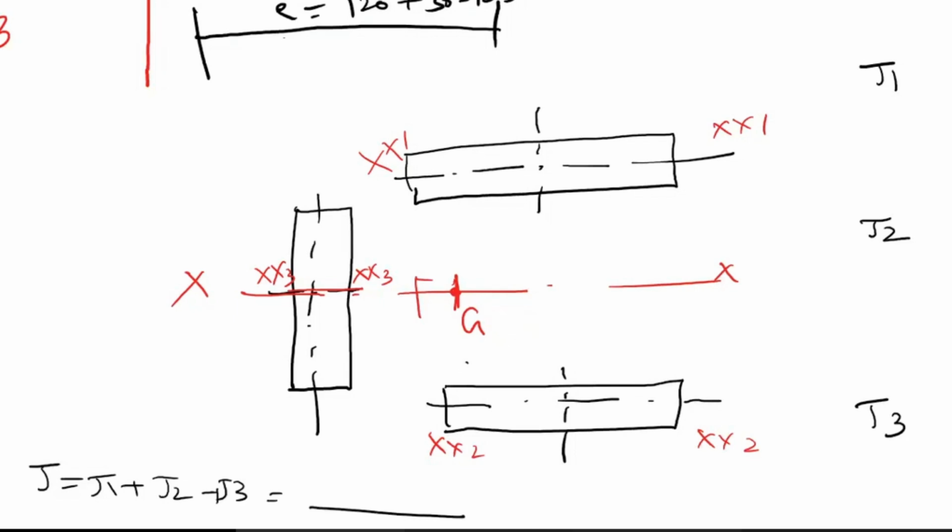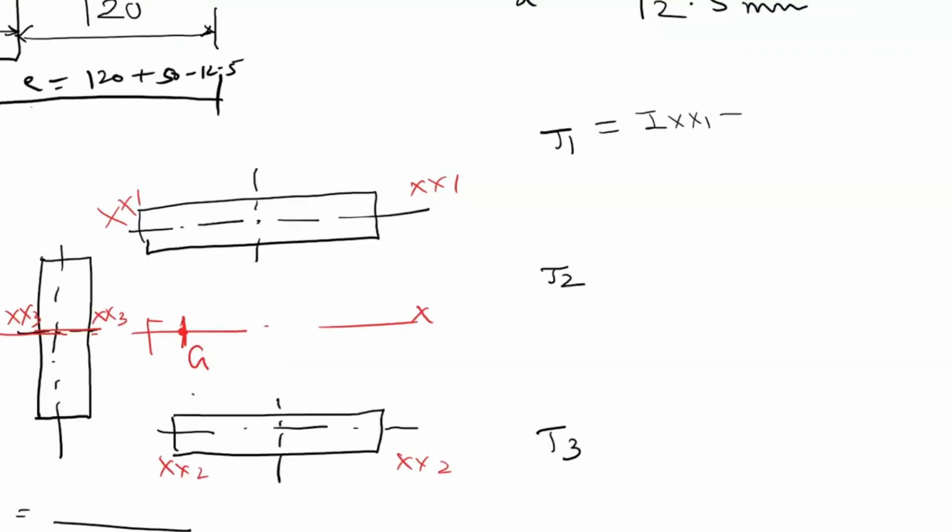Now how do we find J1? J1 is equal to IXX1 plus IYY1. For which section first? This is section 1, this is 2 and this is 3. Now since 1 and 2 are the same, I can write directly: it will be the same for 1 and 2, so I will do it for 1 and multiply it.